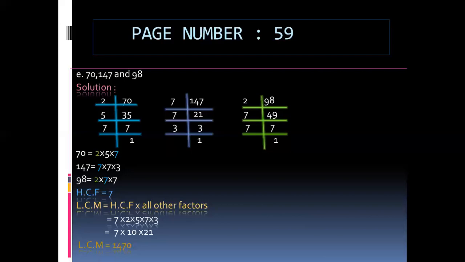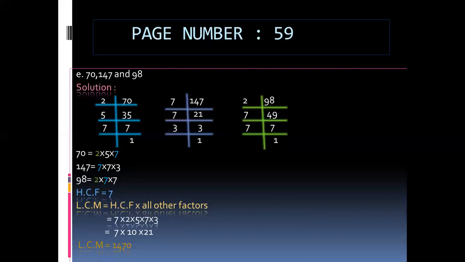LCM is equal to HCF multiplied by all the other factors. HCF is already 7, and all the other factors: 2 is common in 70 and 98, so we write 2 only once. Then 5 is uncommon in 70.